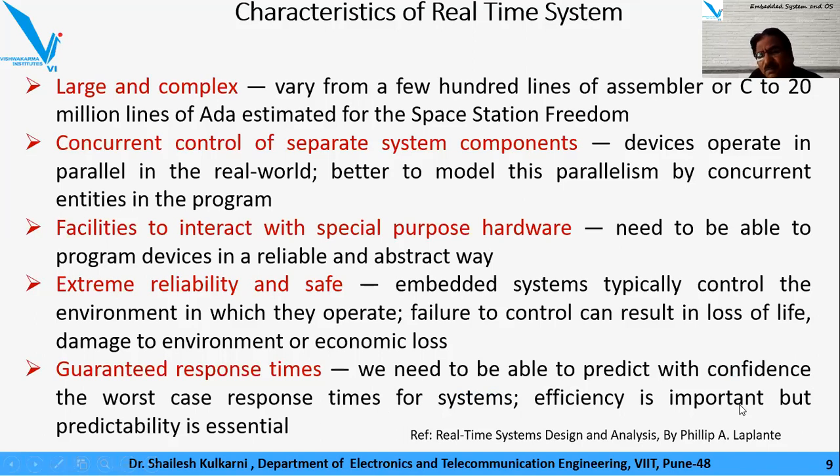So efficiency is important, but being predictable is more essential than having efficiency. That is why real-time systems are synonymous with deterministic and highly predictable systems, where the worst-case response time is already known. And that is how you are able to predict this particular system.